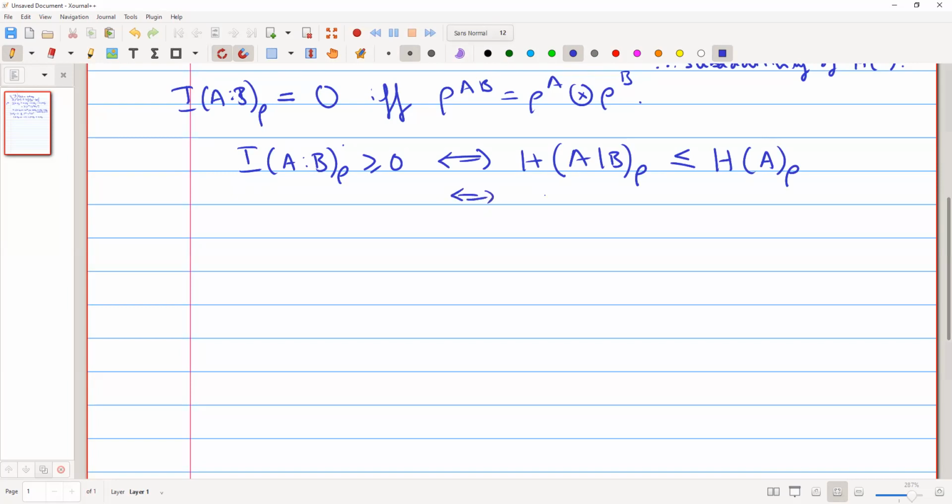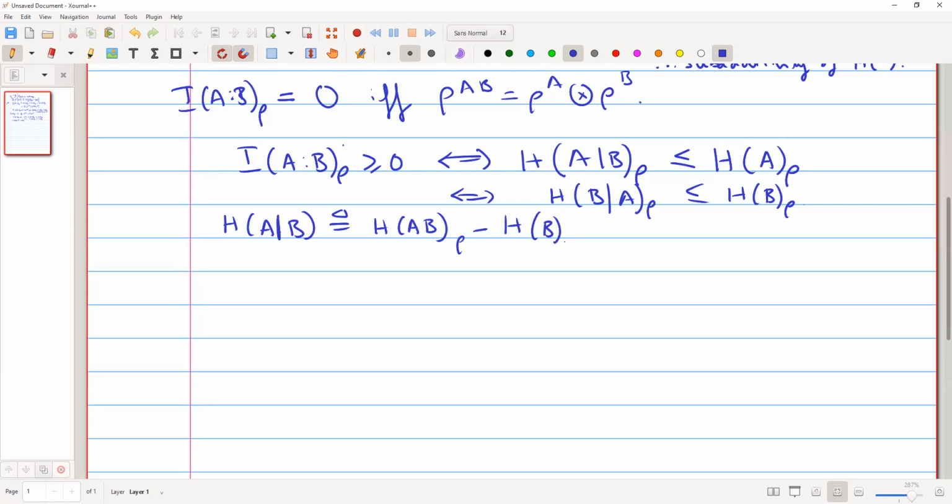Here we take the definition of conditional entropy as H(AB) minus H(B).